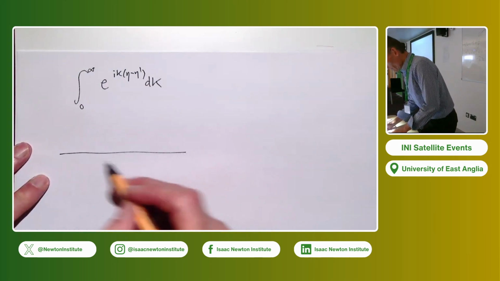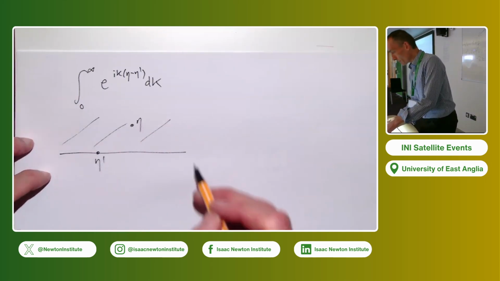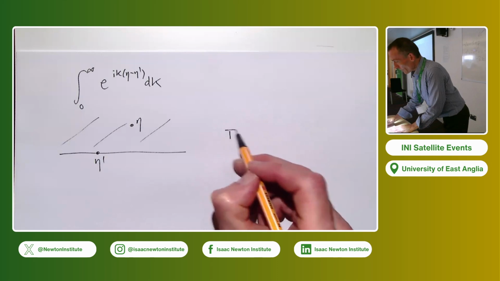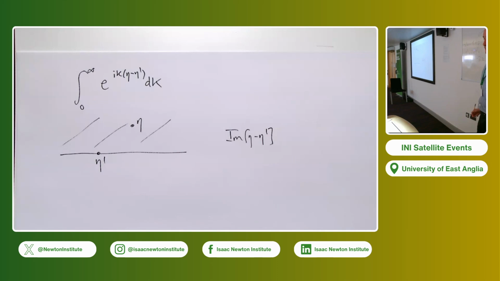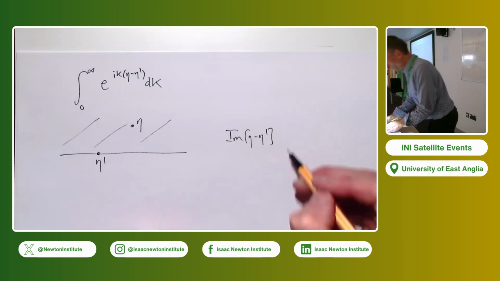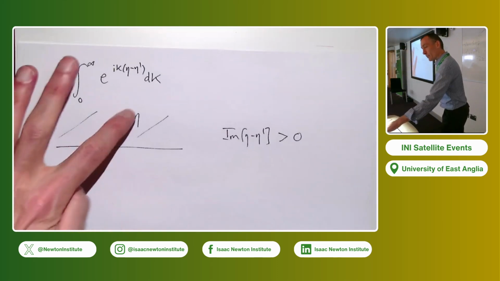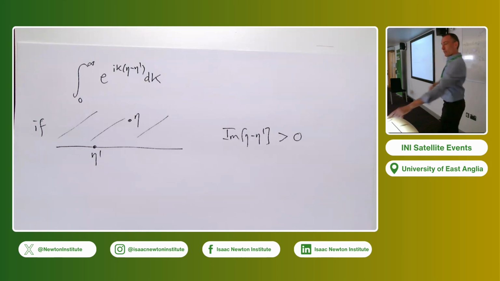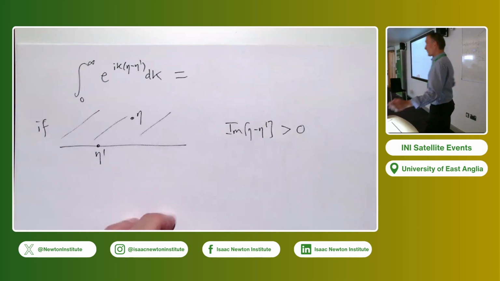I'd like you to imagine that eta is some point there, and eta prime is on that horizontal line, and eta's above it. So what can you say about the imaginary part of eta minus eta prime? It's positive. So if eta and eta prime are in a configuration like that, where eta prime's on a line and eta's above it, this is true. So what's this integral, if that's true?